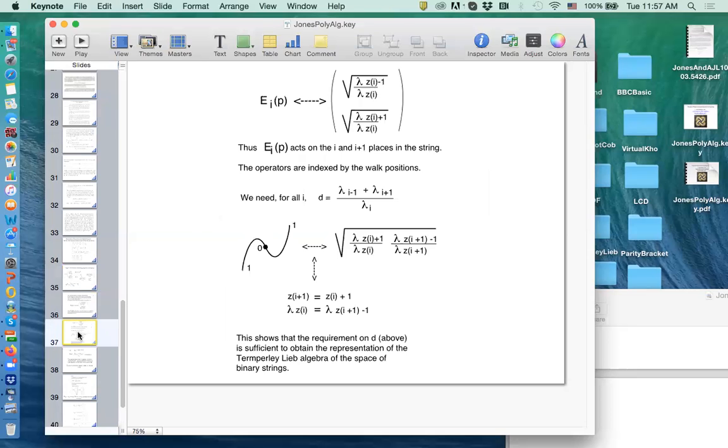But what then happens is that you remember the E_i is only going to act in the i and the i plus first places in the string. So I'm taking a sort of general summary of it. These are set, so they only act in the i and the i plus first places in the string. And you can check what happens when they're neighbors.